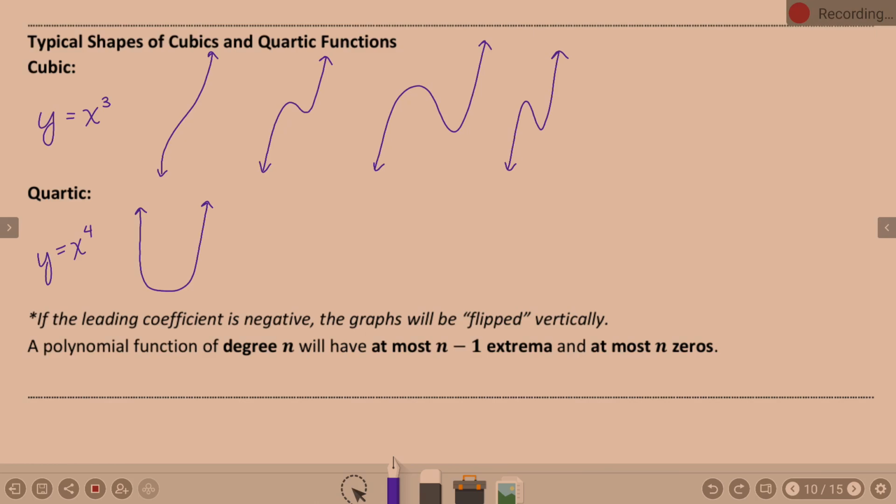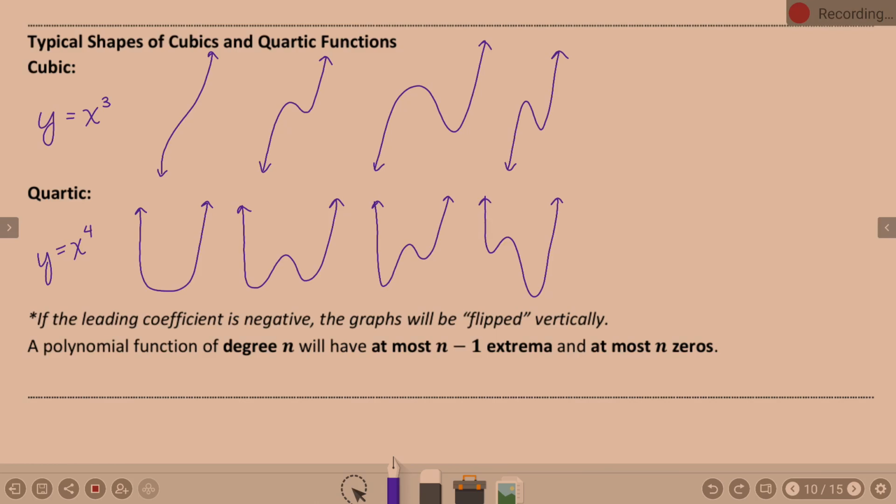Now, some other pieces. You throw in some other terms, and your U shape can become a W shape. It can become a lopsided W in either way.